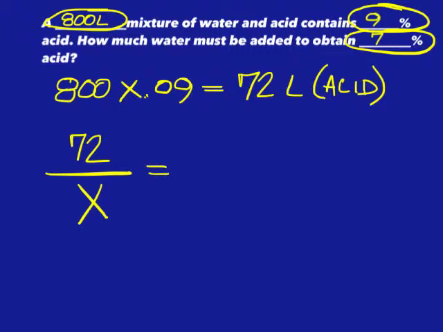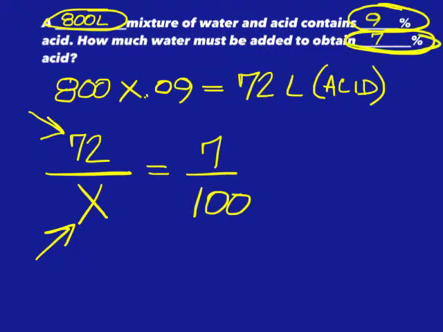That means 72 over the new total, which is what X represents, should give me 7%. 7% as a fraction is 7 over 100. So again, we found the number of liters of acid, and we set that equal to 7%, which is what the new percent is going to be, but you have to divide 72 by the new total, but we don't know what it is. That's why we made it X.